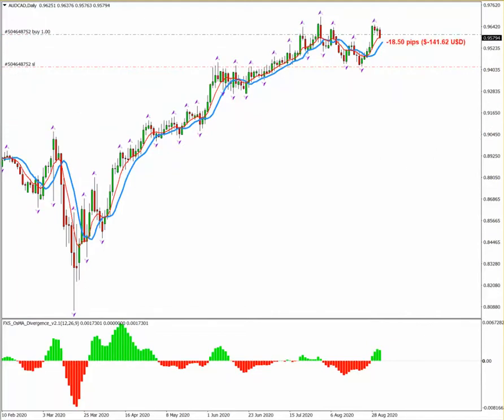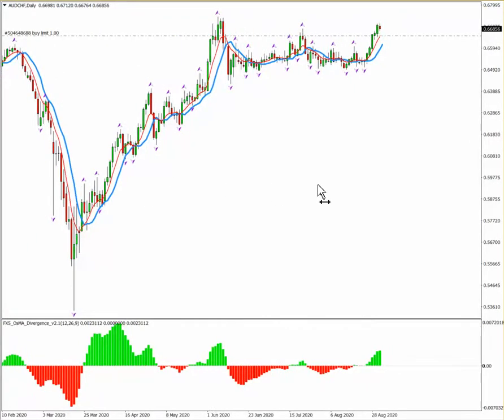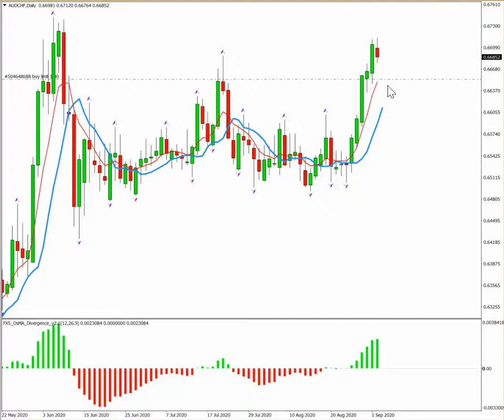Now let's see what else is going on. AUD/CHF. We have a buy limit, but we're not filled in. The buy limit order is right on the 8 linear weighted moving average.